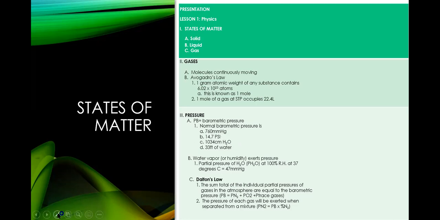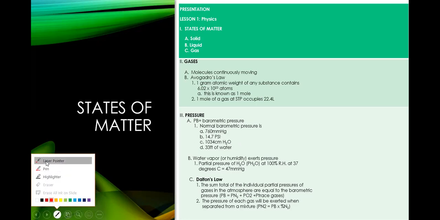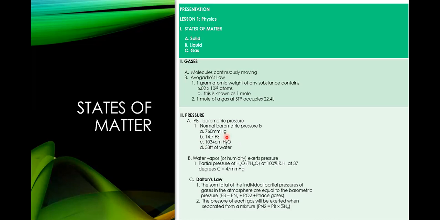Normal is 760, but it's also considered 14.7 psi, 14.7 pounds per square inch, also called barometric pressure. 1,034 centimeters of water is also known as barometric pressure, right? And 33 feet of water can be barometric pressure.